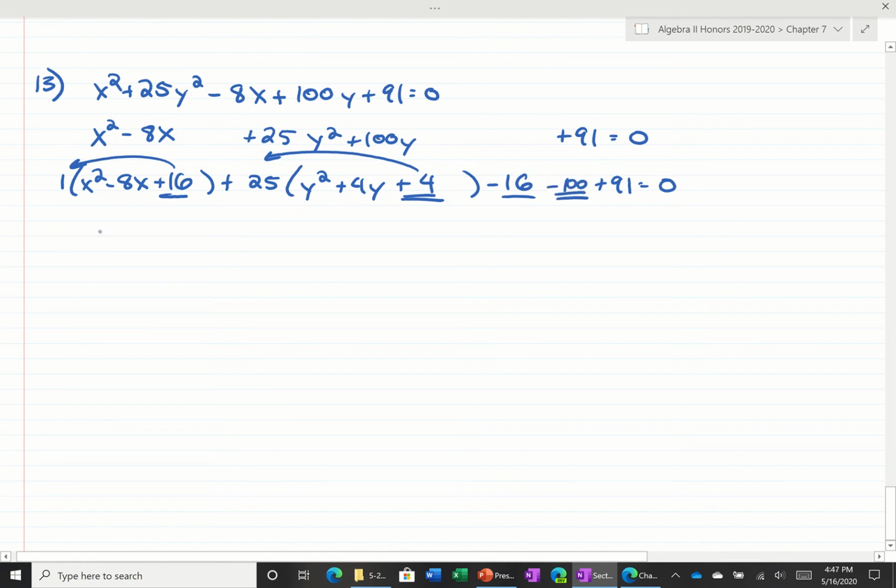So let's see what we get. This is just 1 times x minus 4 squared plus 25 times y plus 2 squared. And then negative 16 minus 100 plus 91 is negative 25. So we'll bring that on the other side. And we can divide everything by 25 here.